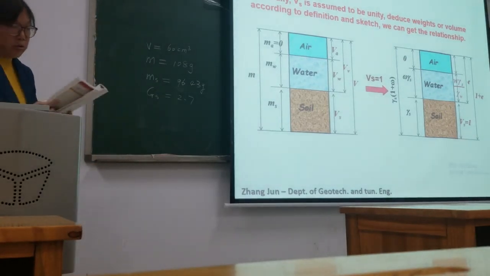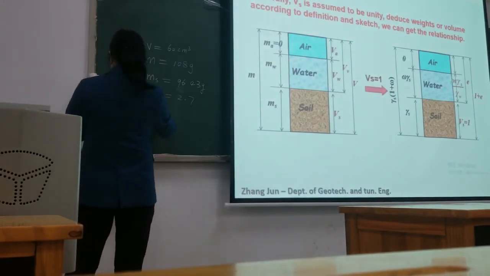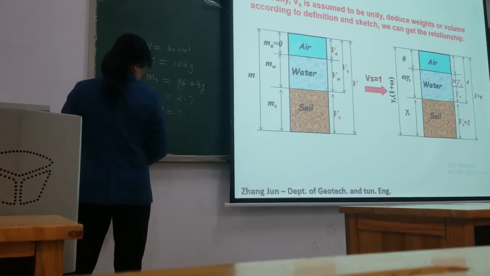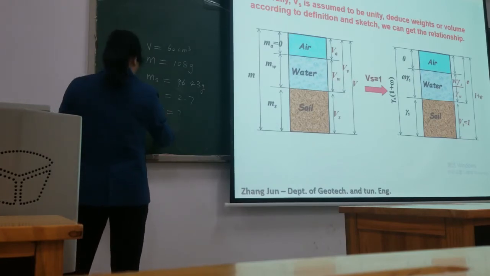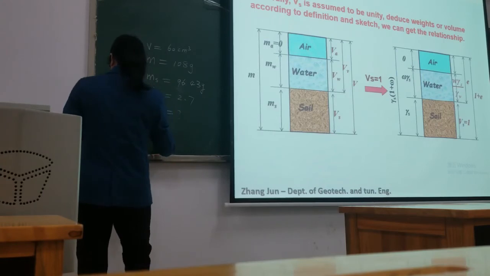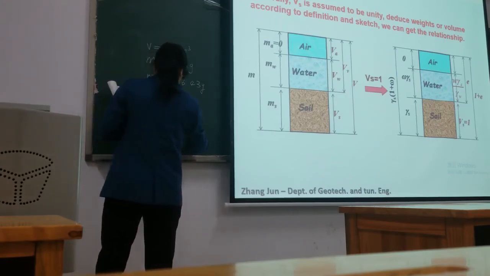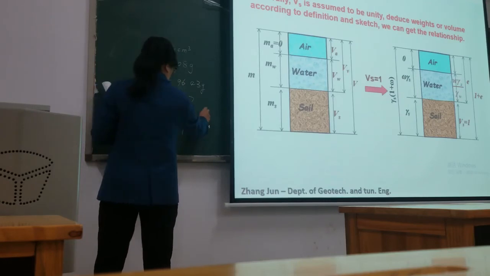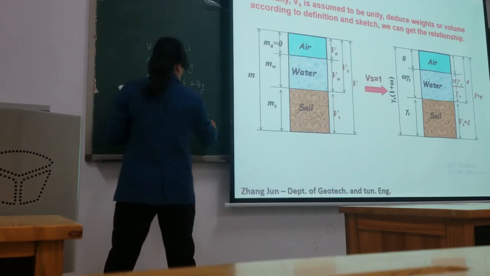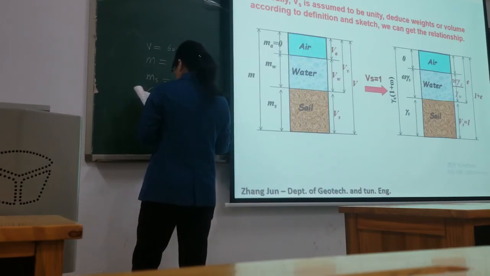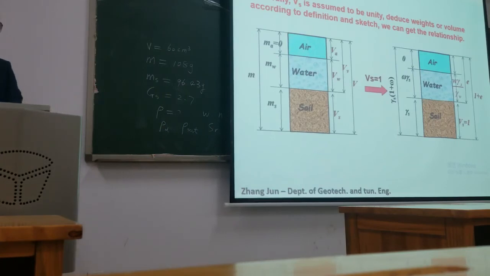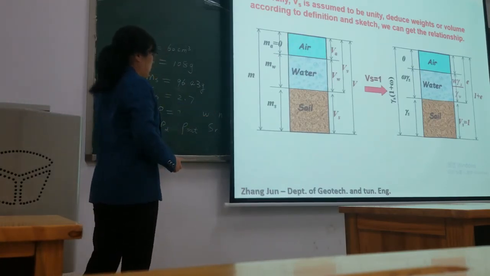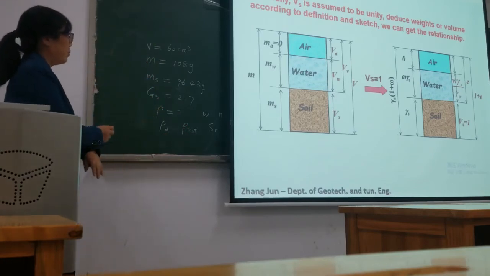Now we should calculate the wet density, dry density, saturated density, water content, porosity, and degree of saturation. Here we should calculate these parameters.